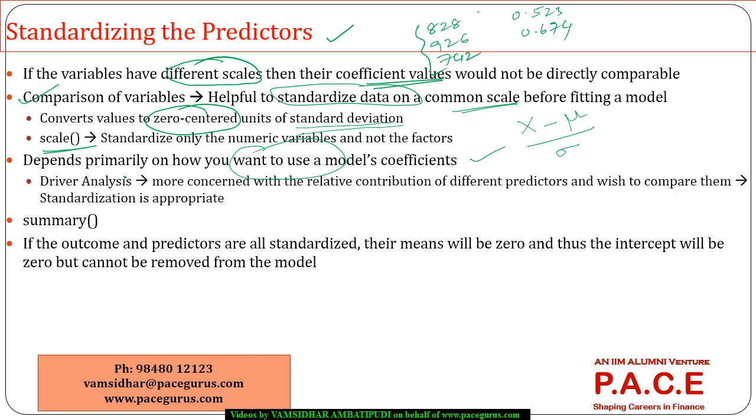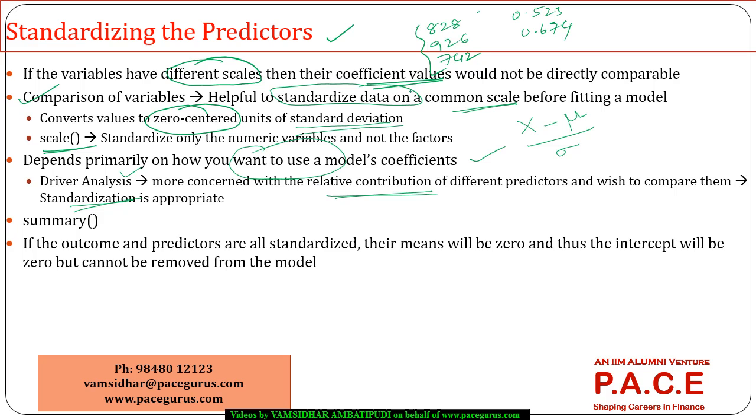But if I really want to identify what are the drivers which are influencing my dependent variable and what is the order in which each of the variables are influencing the dependent variable, I am more concerned regarding the relative contribution, not the absolute values. So wherever the relative positioning, relative contribution of each of the variables to the overall needs to be looked at, it's better that I do a standardization so that I get much better responses out of the model.